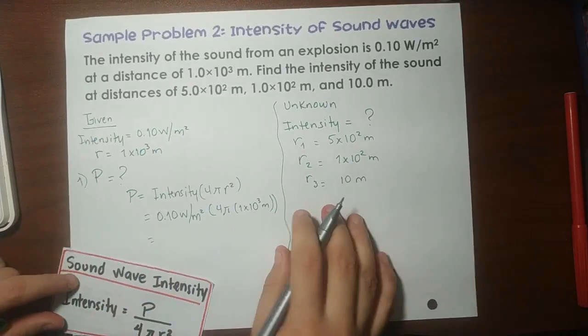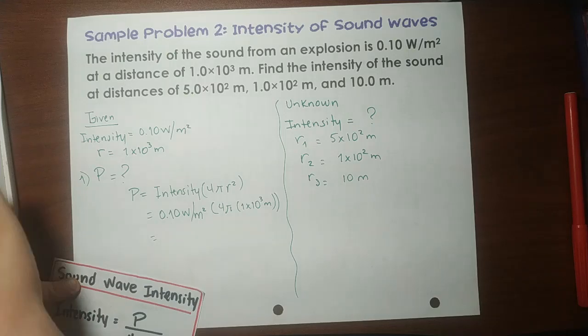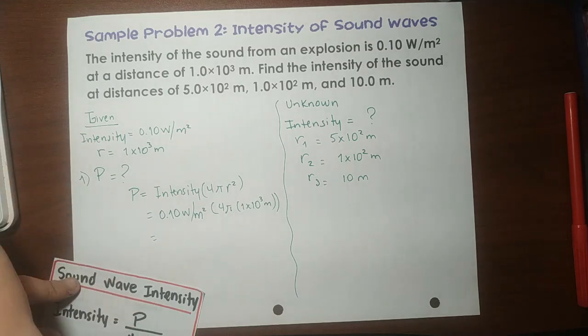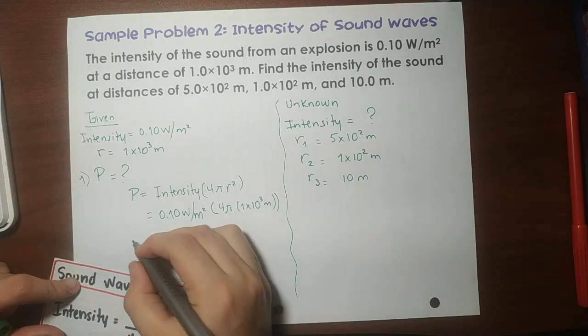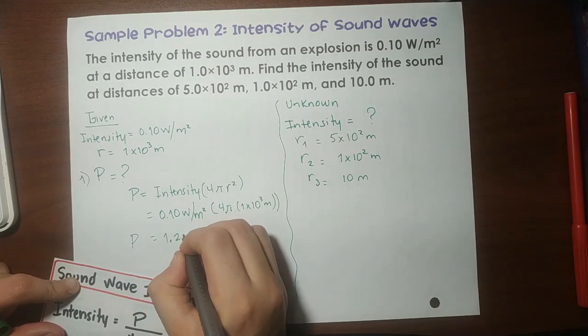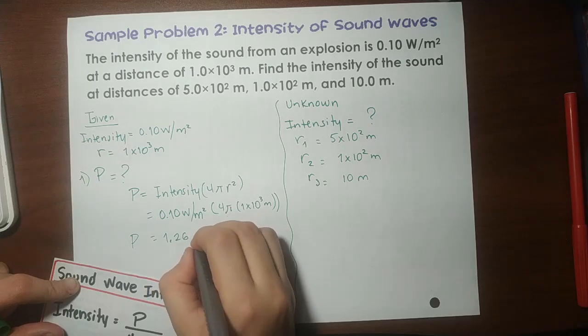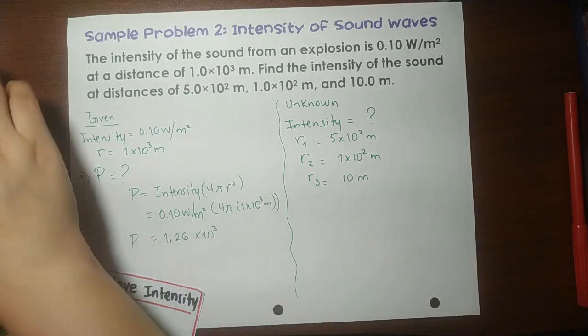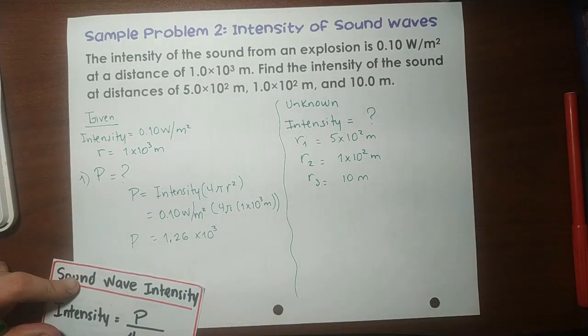I do the math and I have 1 exponential 3 times 4 times pi times 0.10. I have my power to be 1.26 times 10 to the third power. No. Forgot to raise to the second power, sorry.